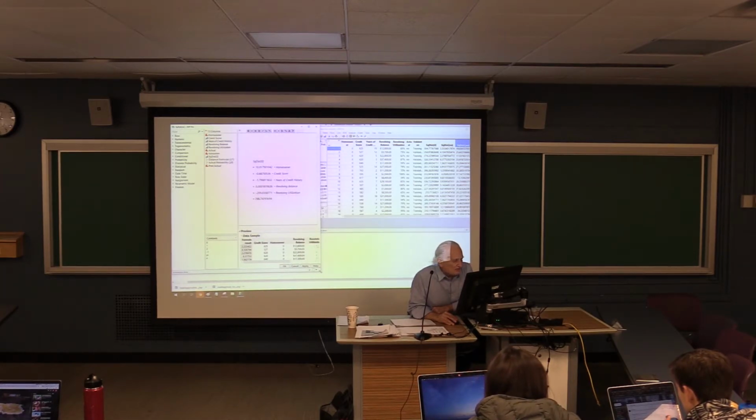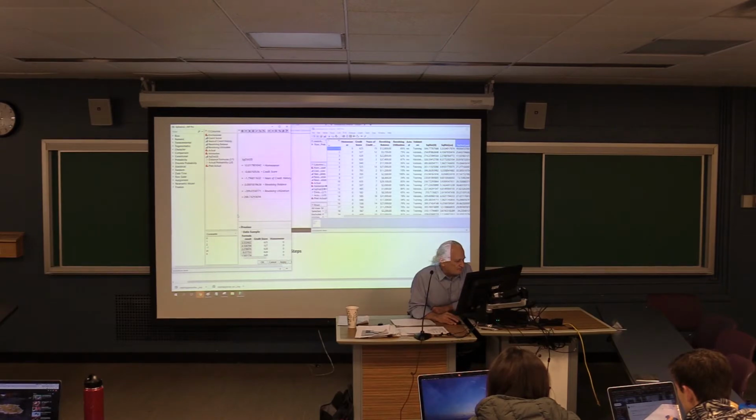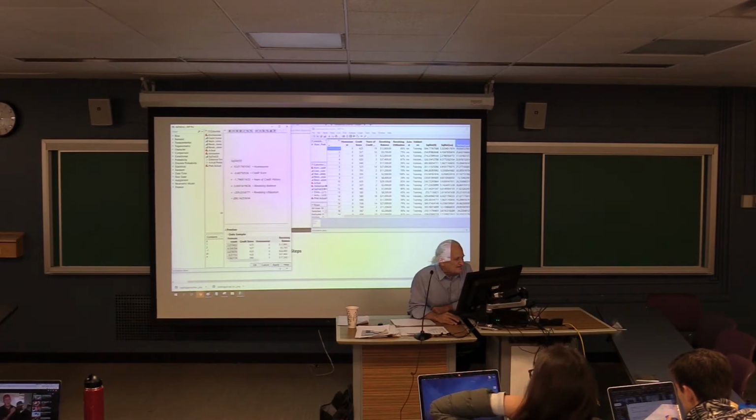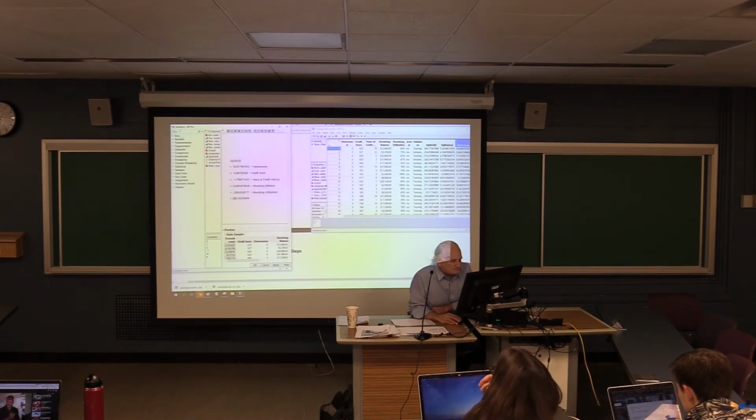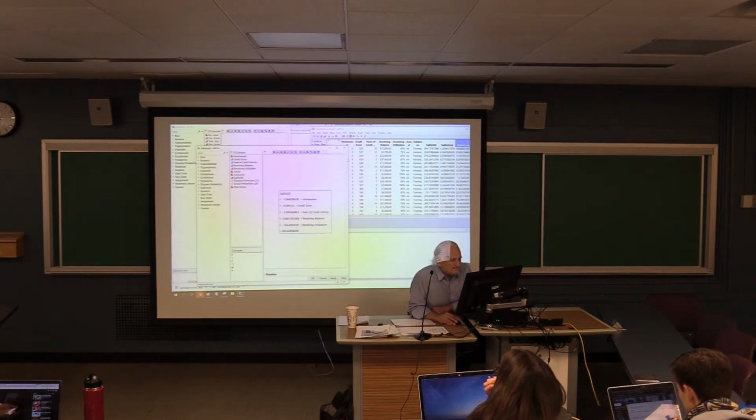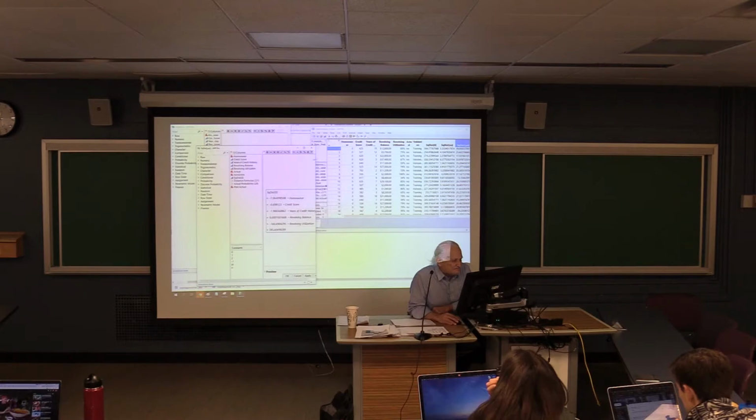So this is the square distance no. I right-click the square distance yes, and I pick formula. Here is another square distance.